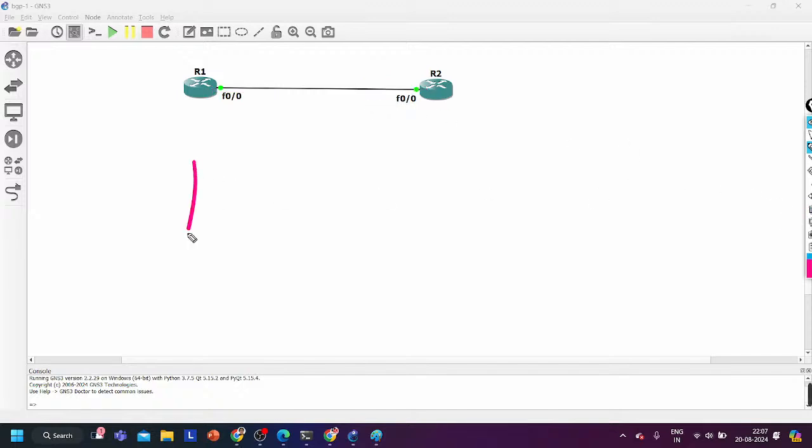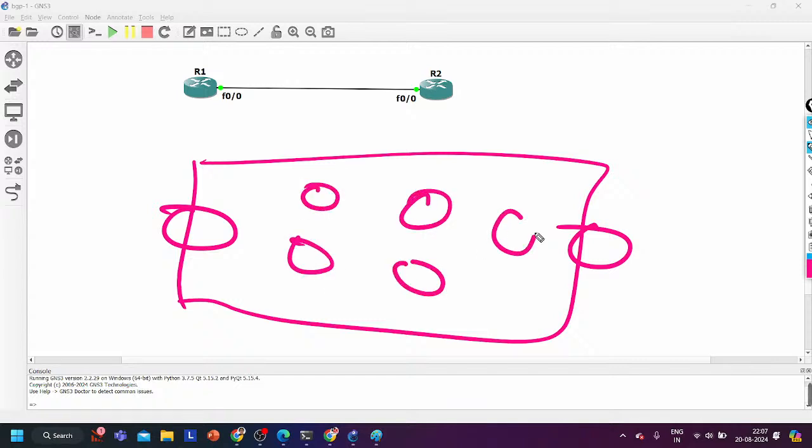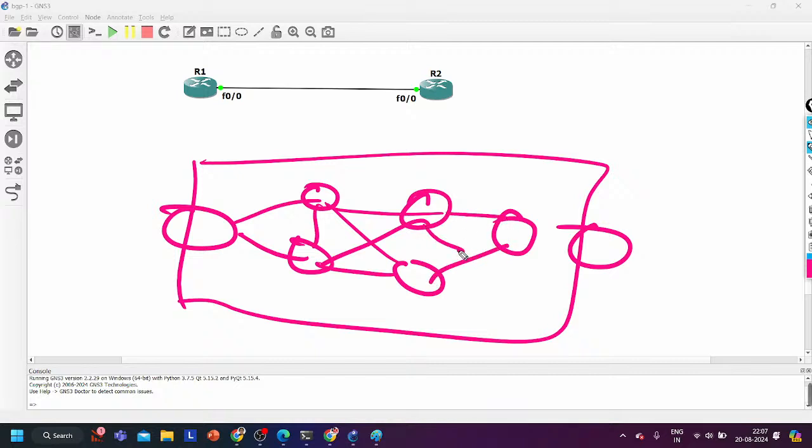Same thing in a service provider. In a service provider, between PE to PE, there are multiple paths. This is P, this is another P. I can configure BGP neighborship with the help of the physical interface, but what will happen if the physical link goes down?